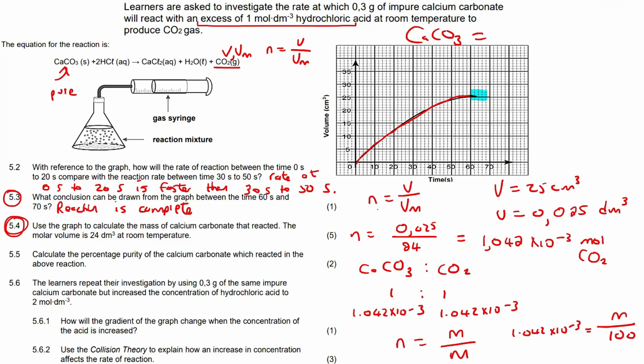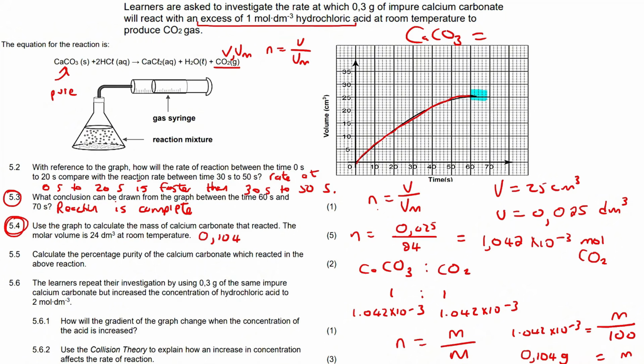So that's just going to be 100. And then you multiply these two numbers together. We end up with 0.104 grams. So now remember, oh no, that's the answer. Wait, what did they want? Use the graph to calculate the mass. Yeah, we've done it. Perfect.